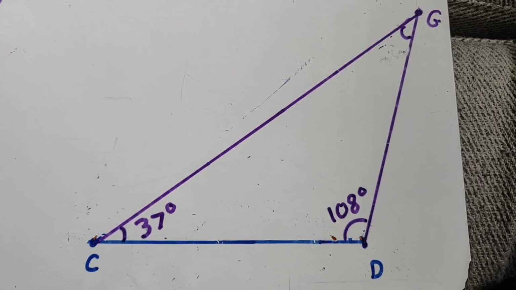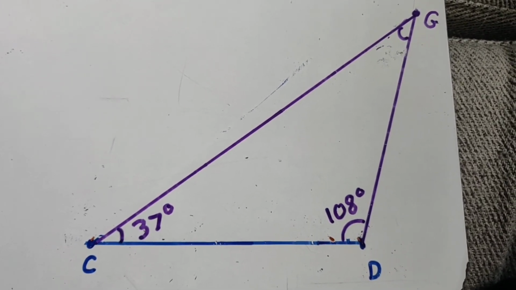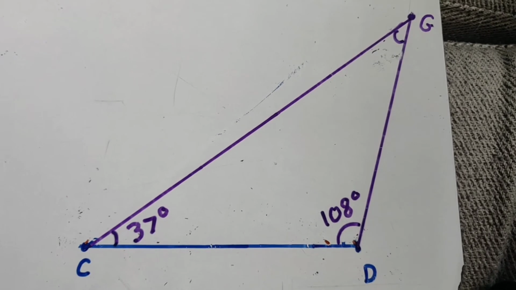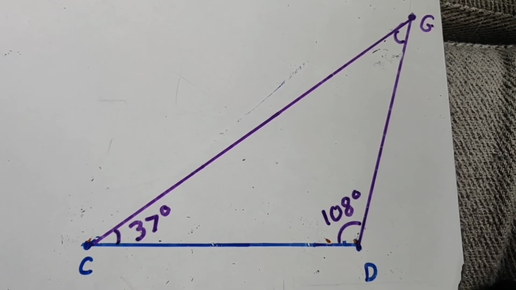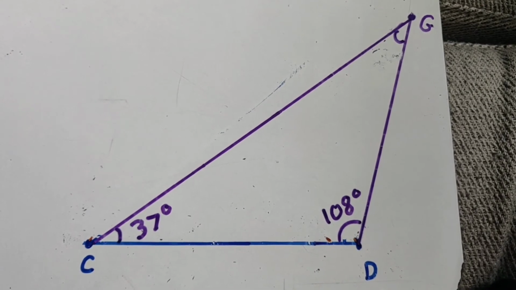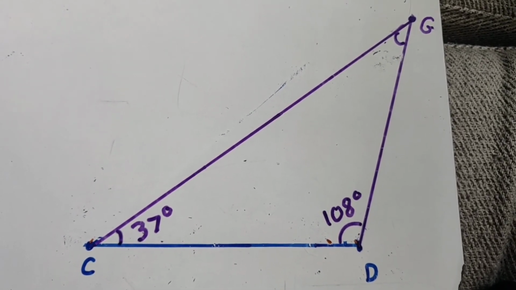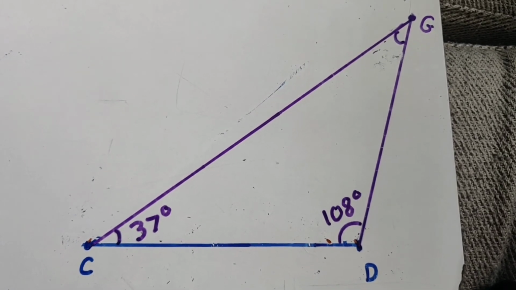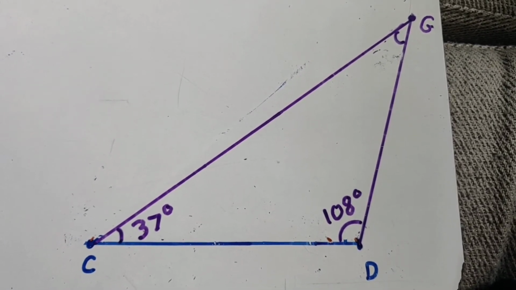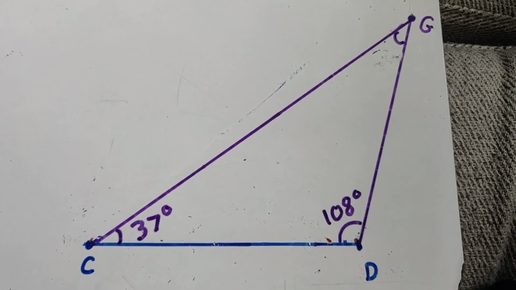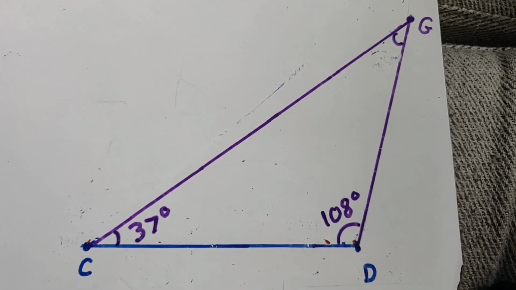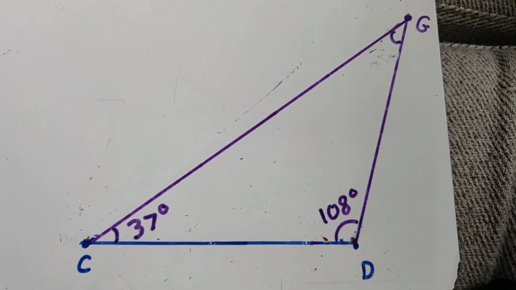So those two angles together are 145 degrees, and we know that the whole triangle, when we add all three angles together, is 180 degrees. So how can we figure out the measure of the remaining angle, CGD, if we know that the other two angles add up to 145 degrees?